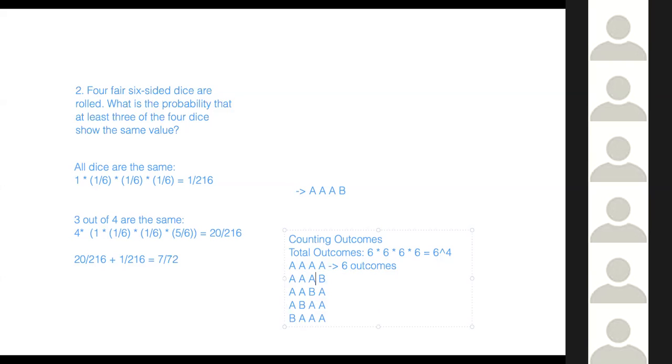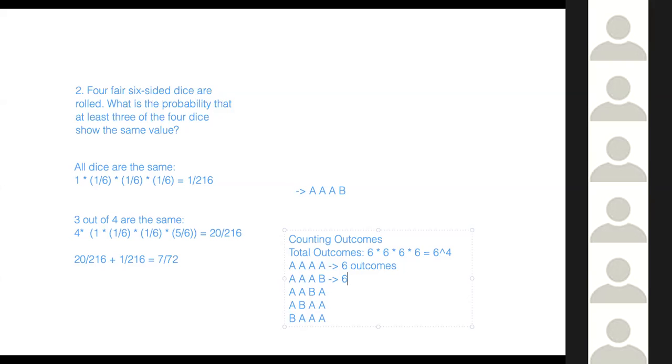If I have the roll being AAAB, how many outcomes are there here? So there's 6 choices for the A. It could be any of 1, 2, 3, 4, 5, 6.